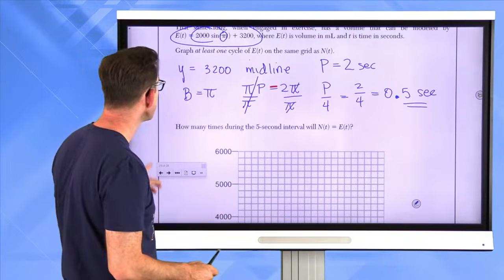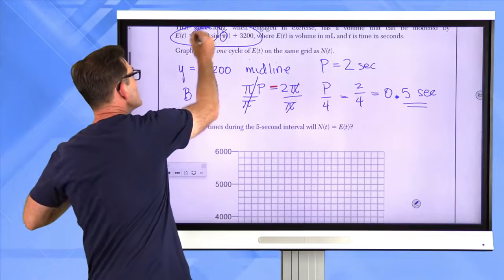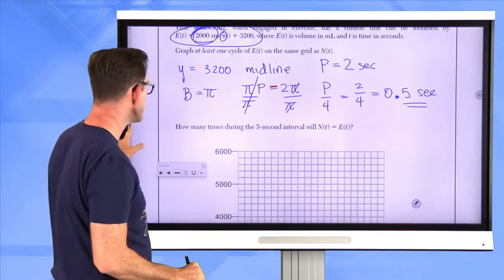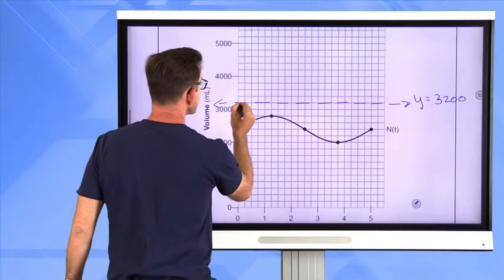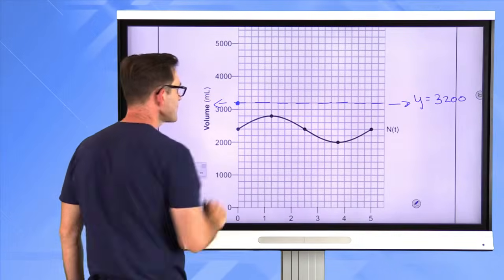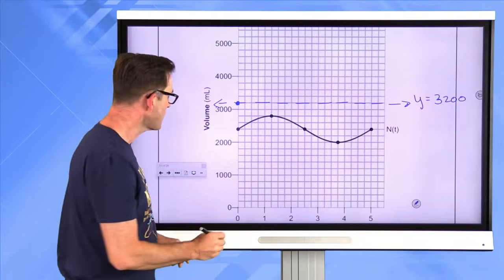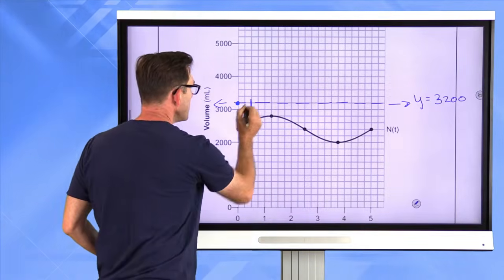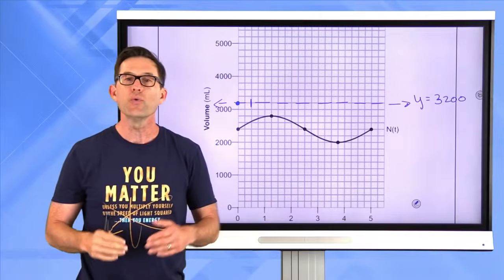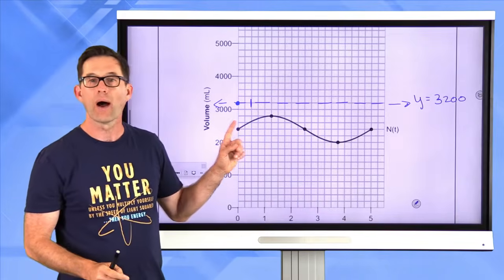So what do I now do? Remember, my amplitude is 2,000. Since it's the sine curve, it starts at its midline. Then I'm going to go a half second. A half second is right here, and now I need to go 2,000 above that. So I'm at 3,200.